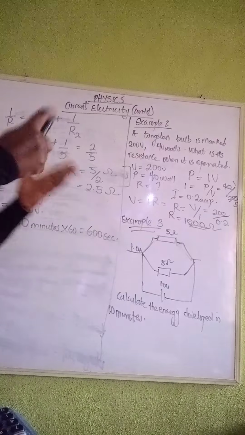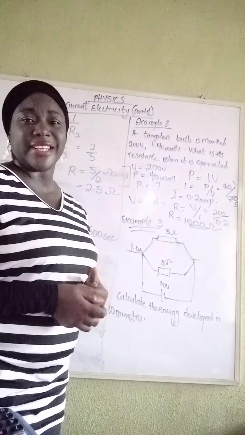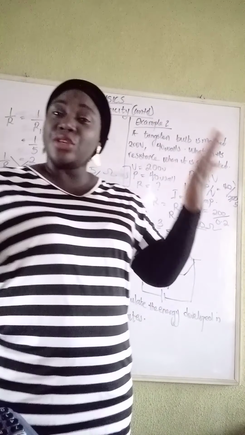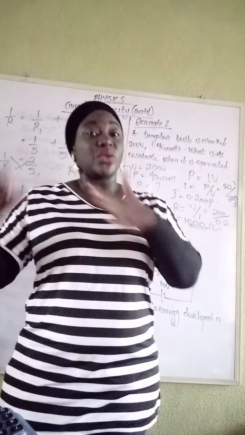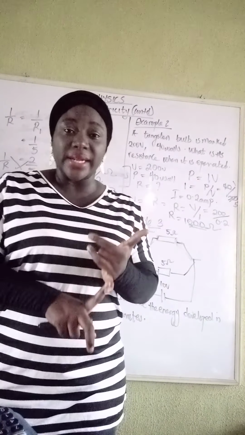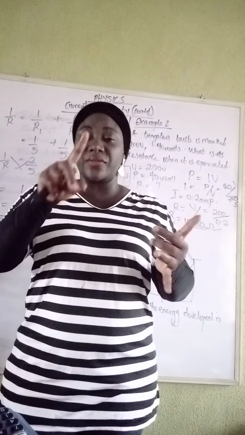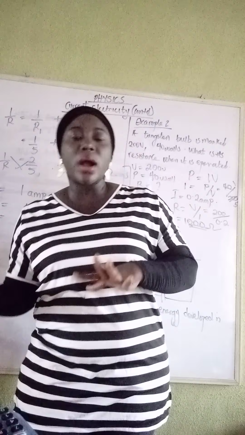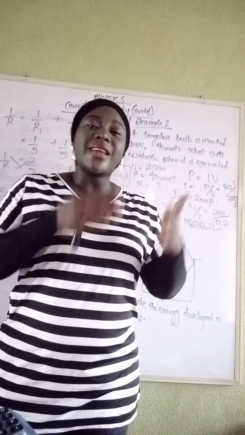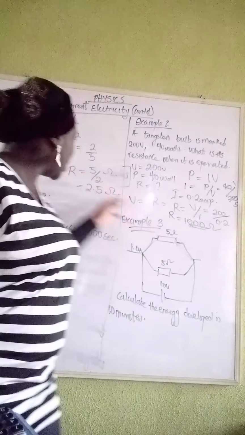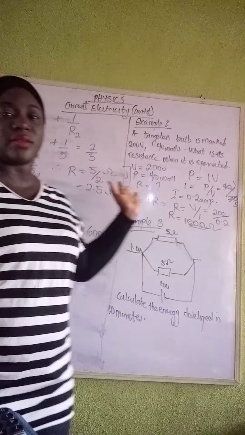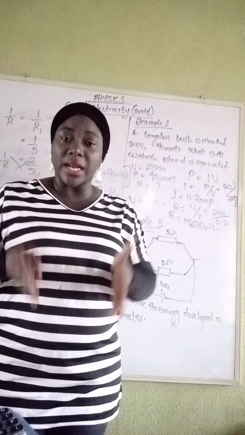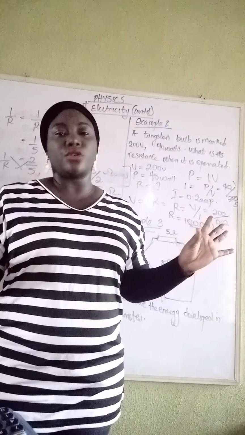Now tell me which formula you want to use to calculate your energy. You can use work done equals IVT because you were given current, volts, and time. You can as well calculate W equals I squared RT because you've calculated your effective resistance. Whichever formula you make use of, you are good to go.